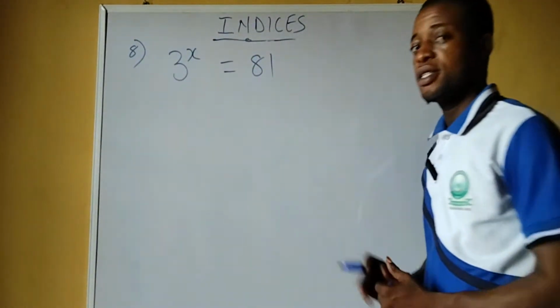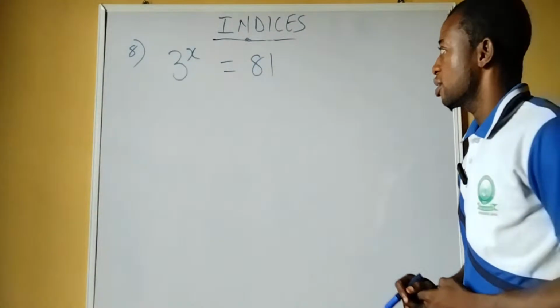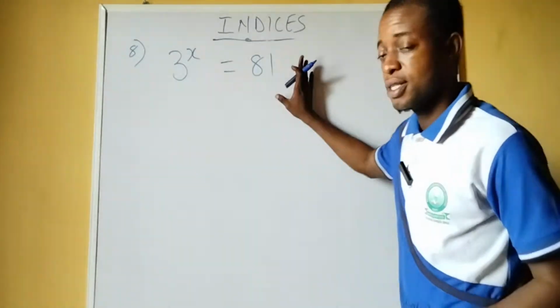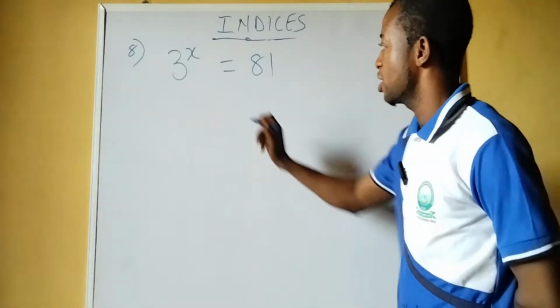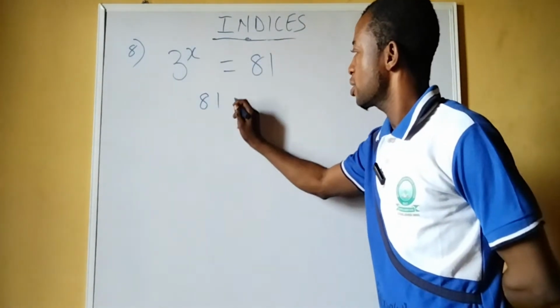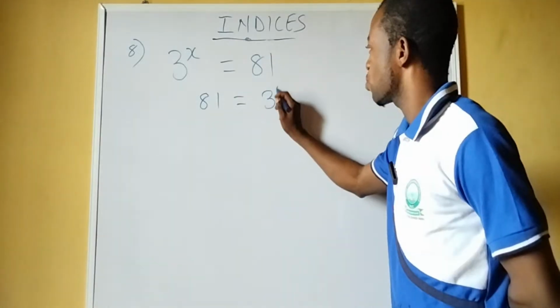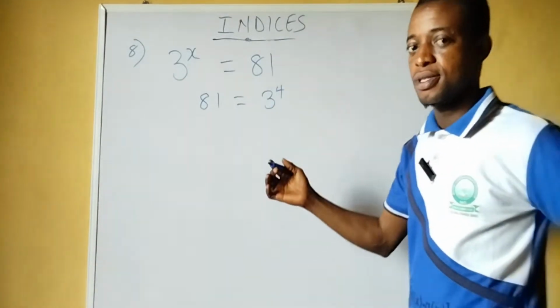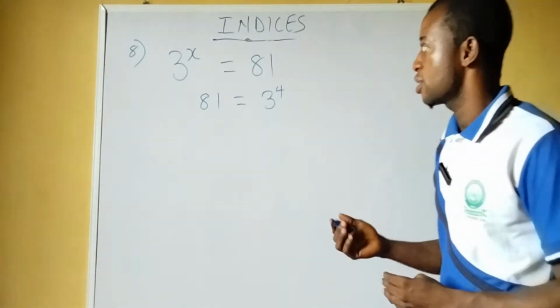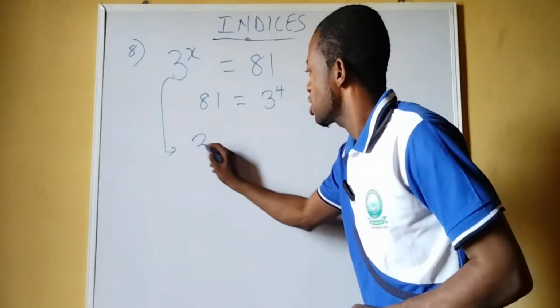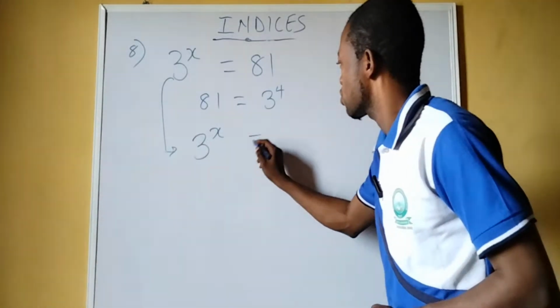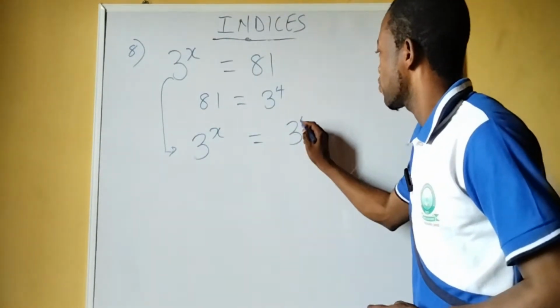Now, the unknown here is x. And also, when you look at the right-hand side, it is a number that we can express in base 3. That is, 81 can be written as 3 raised to power 4, which means 3 multiplied by itself 4 times. In other words, this equation now becomes 3 raised to power x equals 3 raised to power 4.